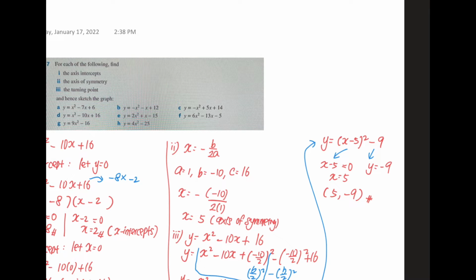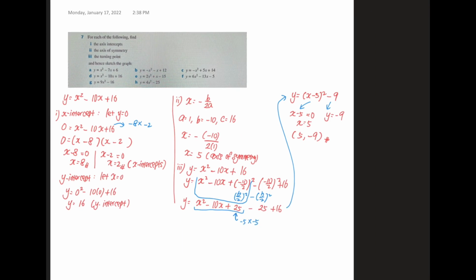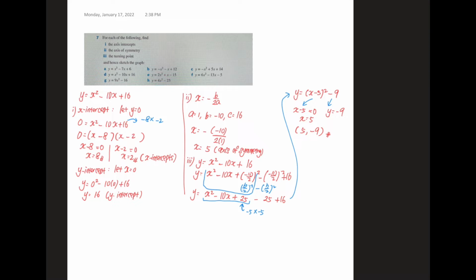Now we can sketch the graph. Let's see the information that we have. This is the turning point. We also have to know this turning point is actually a minimum point.